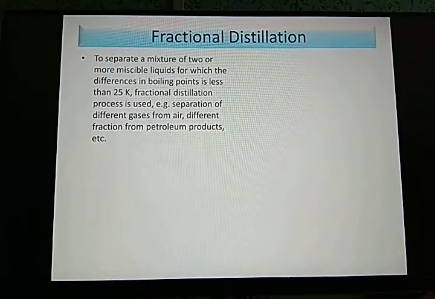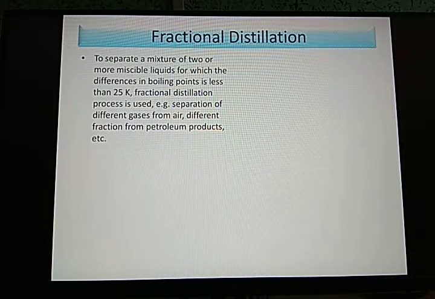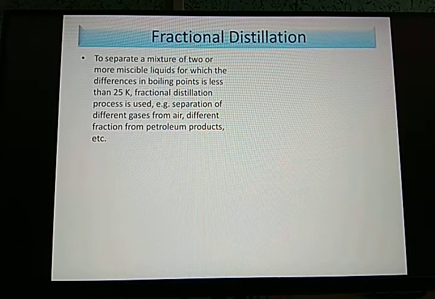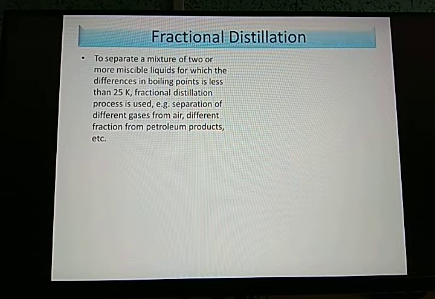To separate a mixture of two or more miscible liquids for which the difference in boiling points is less than 25 Kelvin, the fractional distillation process is used. For example, to separate different gases from air, or to separate the different petroleum products. Normally in a refinery, for separating out the different petroleum products which have boiling points differing by less than 25 Kelvin, fractional distillation is generally used.